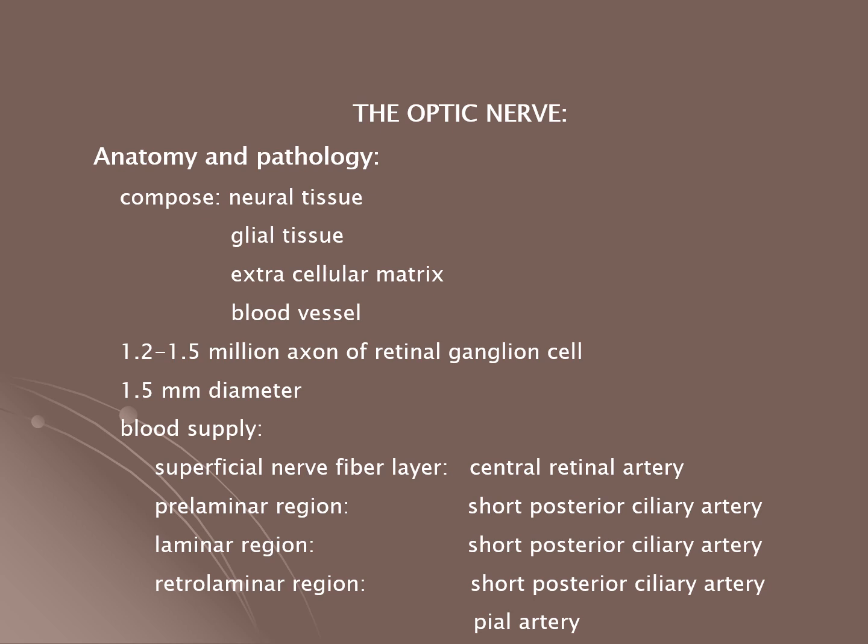The optic disc head is about 1.5 millimeter in diameter. The optic nerve and retinal nerve fiber layer are supplied by the central retinal artery. The short posterior ciliary arteries supply the prelaminar, laminar and retrolaminar regions, and also the pial vessels.